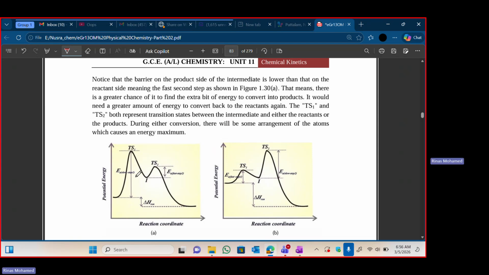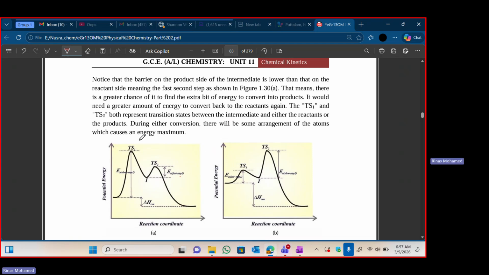Then TS1 is there, TS2 is there, EA forward 1 is there, EA forward 2 is there. Since it is a multi-step reaction, two energy barriers are there. This is the first barrier, and now this is the second barrier. Delta H also they have marked.